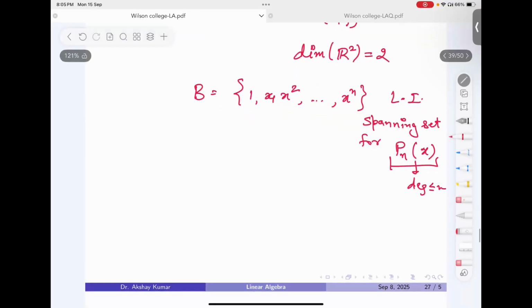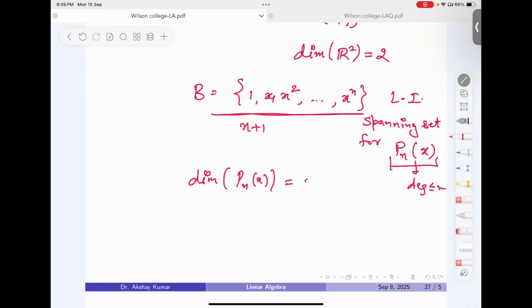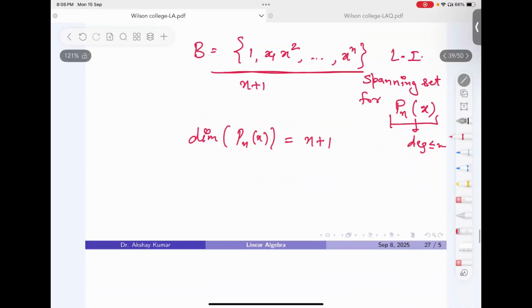Now, how many members are there? n plus 1. So the dimension of P_n(x) is n plus 1. To be precise, what is the dimension of P_3(x)? 3 plus 1, 4.